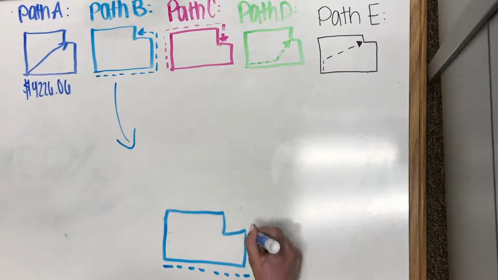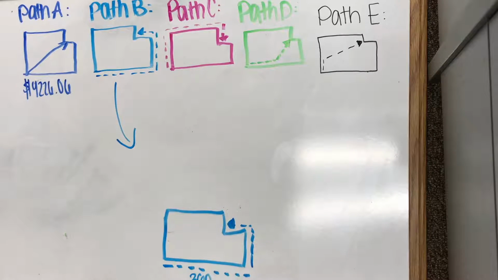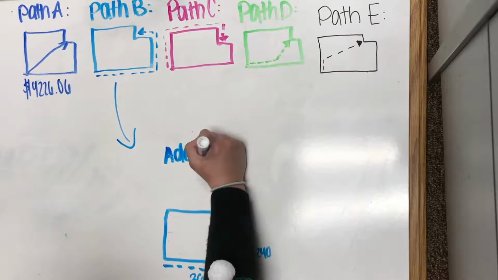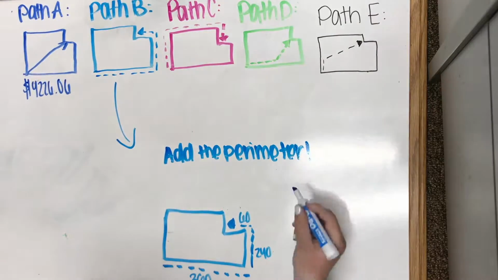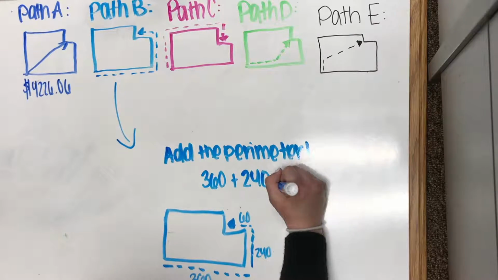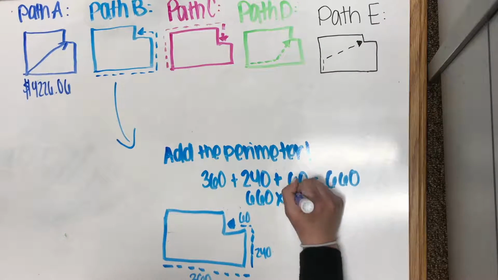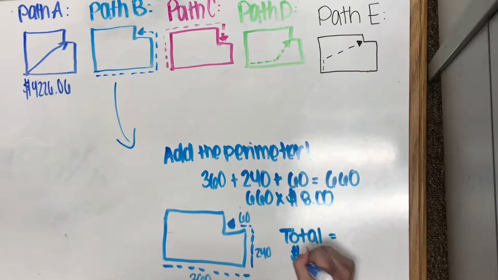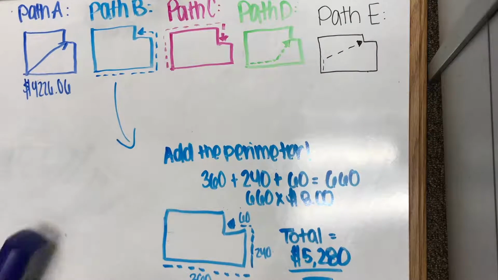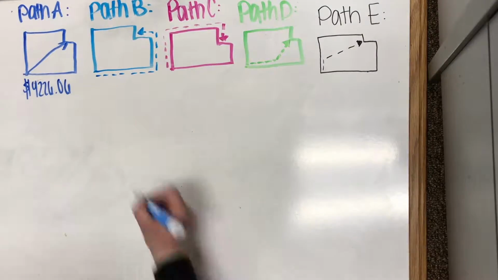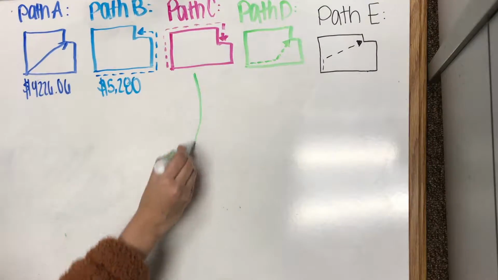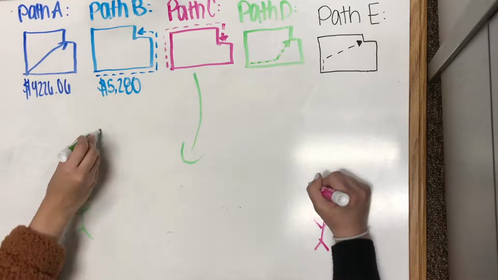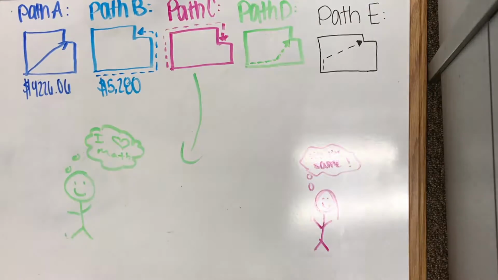For path B, we take the easiest approach that would make things the least complicated, and that is adding up all the different sides. We add 300 plus 240 plus 60. We make sure not to add the other sides that aren't included. Once we get that, we get a total of 660. We multiply it times 8 because it is on the outside of the parking lot, and we get an answer of 5,280.